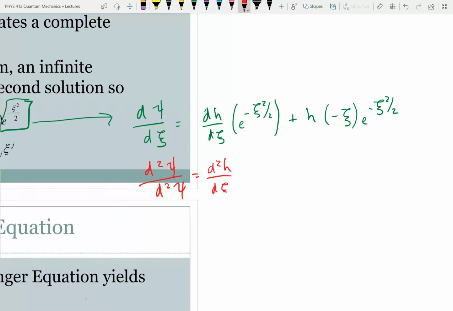Right, and then I just did that, and then plus and minus. I did it before as plus, but since it's the same thing, so then times dh/dc times c, then e to the negative c squared.